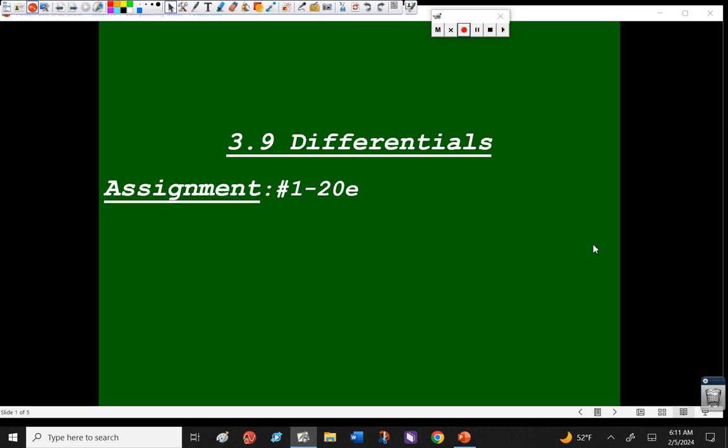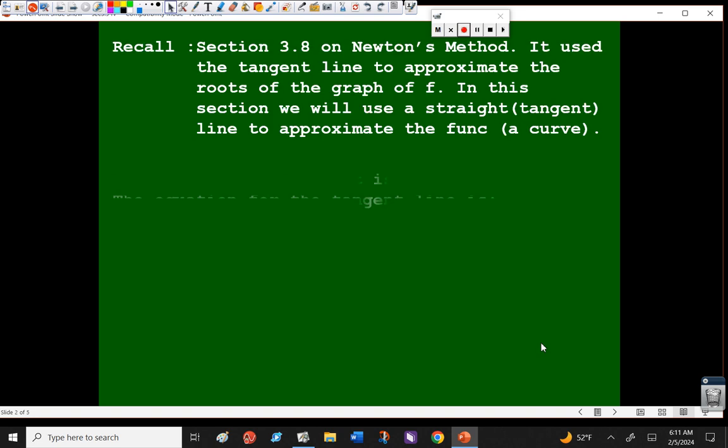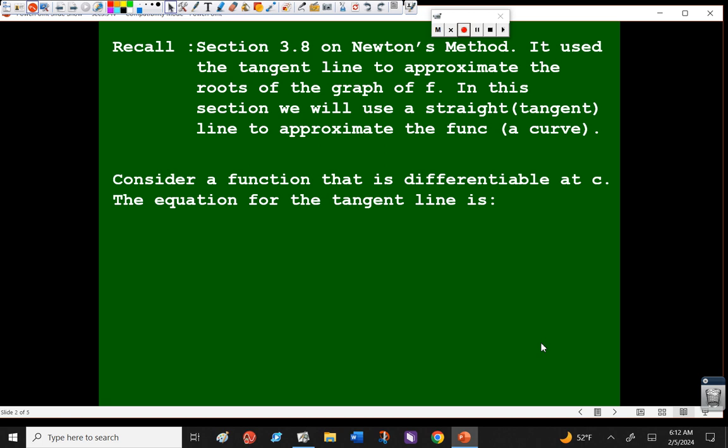So let's see real quick. Recall section 3.8, which we just finished and went over, was on Newton's method. It used a tangent line to approximate the roots of the graph of f.